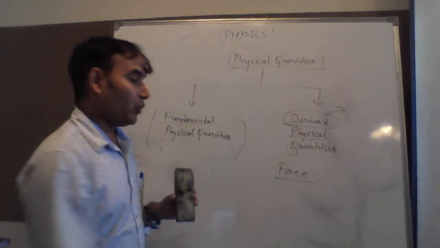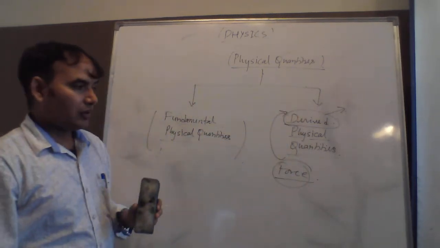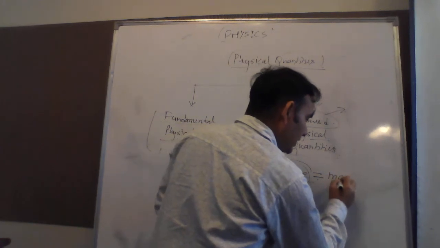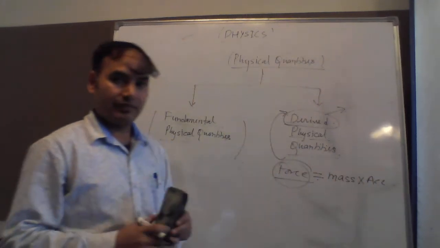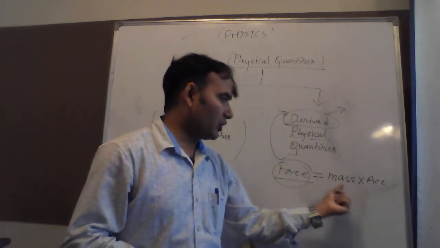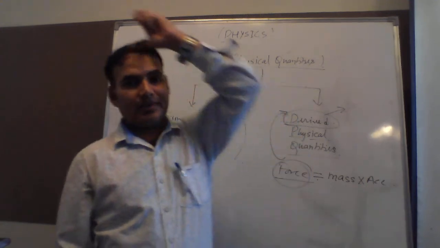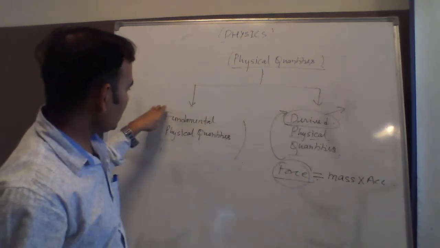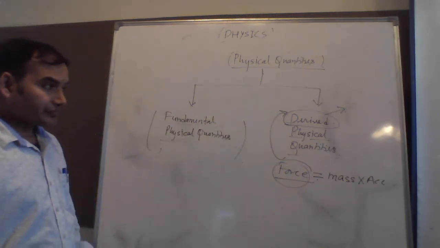Force is a derived quantity. How? Because force always needs mass and acceleration. Force needs two physical quantities, one is mass, the other one is acceleration, for its representation, right?